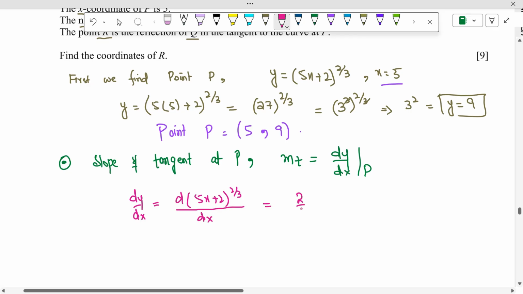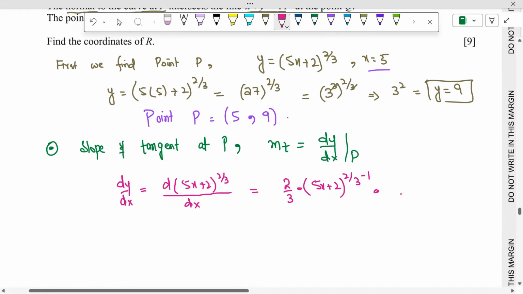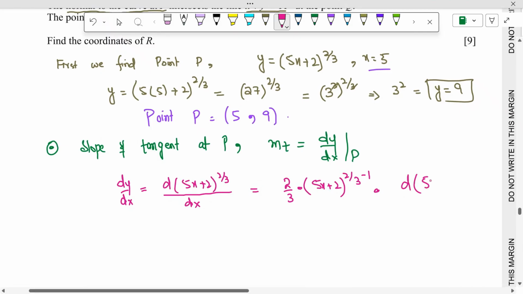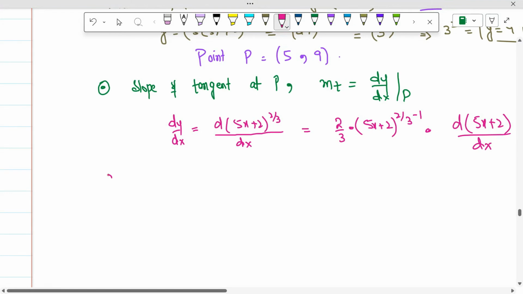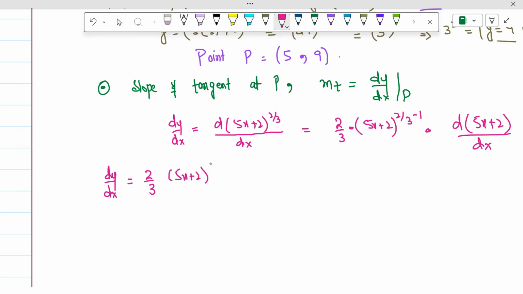So 2 over 3 and (5x plus 2) to the power 2 by 3 minus 1, and the derivative of the inner function, which is the derivative of 5x plus 2. So dy over dx is equal to 2 over 3, (5x plus 2) to the power negative 1 over 3, times the derivative of 5x, which is 5.